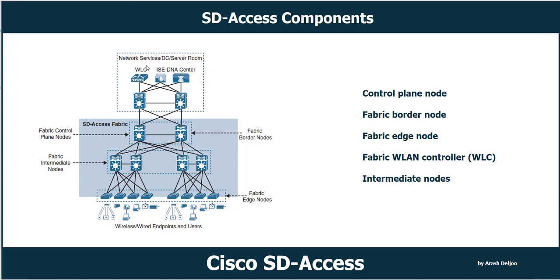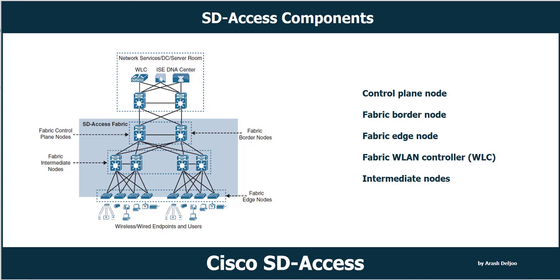Also, we have some services and features that we need in Cisco SD-Access. For example, we need the Cisco DNA Center as the controller. We need Cisco ISE as the policy plane component, and also the authentication server, and also the wireless LAN controller for provisioning and controlling the wireless clients and also the APs, access points, and maybe some other network services like DHCP, DNS, NTP, and other types of services.